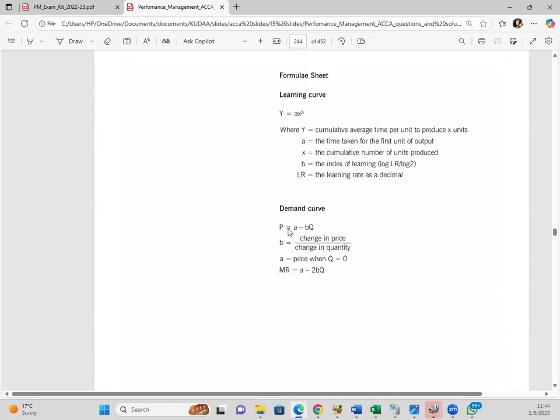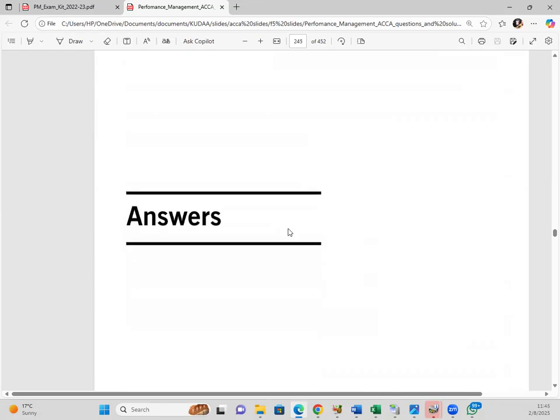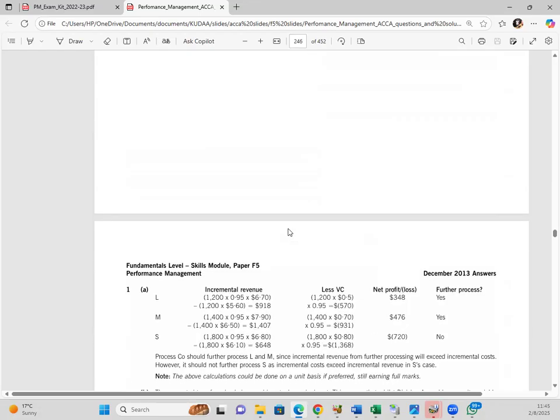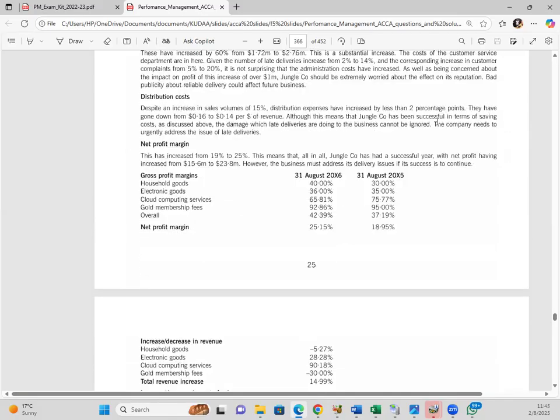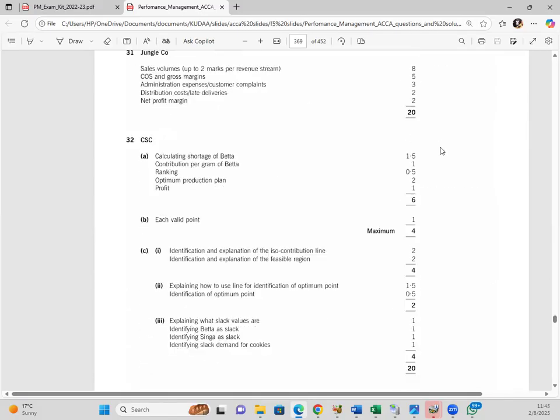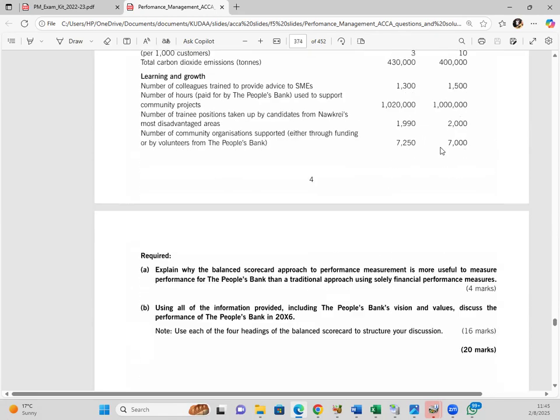Okay, so here is the formula for the learning curve, the formula for the demand. I think this was an old question. Anyway, for the sake of time, let's just move on. I will send you the formula for calculating R, but let me use the study hub.